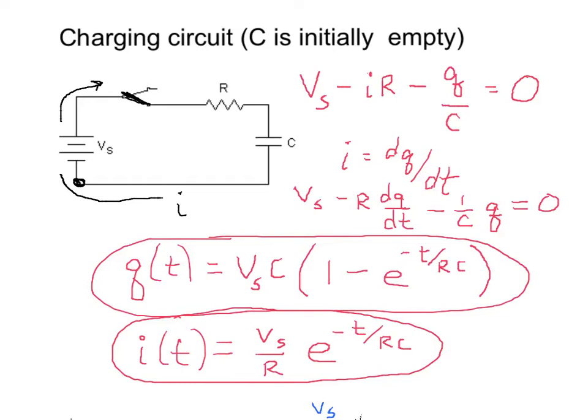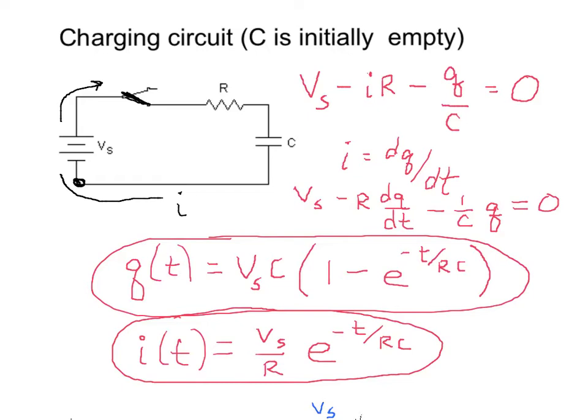But it's still something that you ought to be able to verify for yourself. So this is how you answer questions that say, for example, at a particular time t, what is the charge on the capacitor, or how much current is flowing through the circuit. You literally plug in your parameters, V, R, and C, and then you plug in whatever time you're asked about.